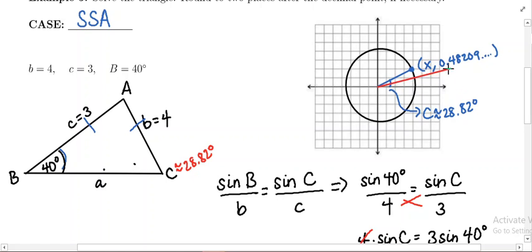If you drew that out, you're looking for some other point on the unit circle that has the same height. See how these two dots, the red dot and the blue dot, have the same height? That means their y value is the same. So this angle, the red angle I'm drawing here, is going to have the same sine value.